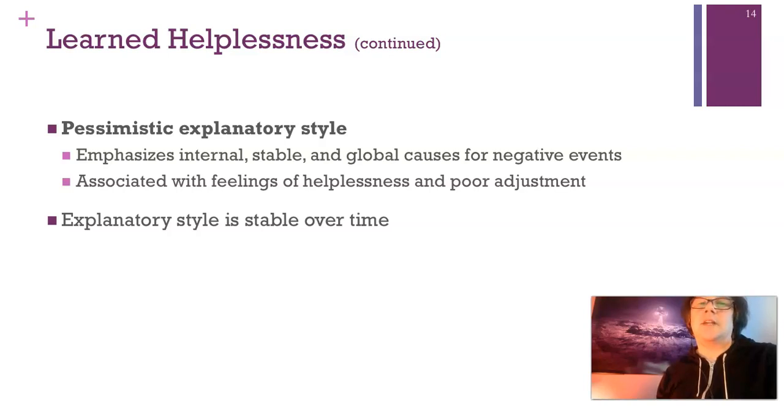They'll also tend to make stable attributions for the causes of negative outcomes, meaning this is stuff that doesn't change and can't be changed, and that these attributions are global, meaning they apply to every aspect of my life, not specific areas but overall.